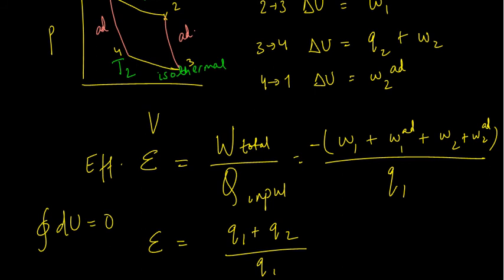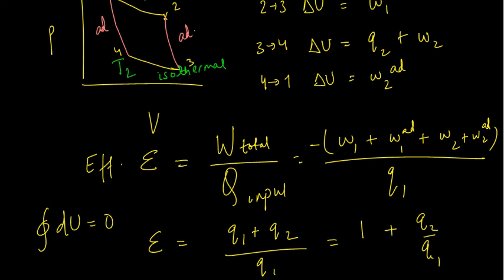And because of that, if I just write this equation like 1 plus Q2 by Q1, since Q2 is a negative quantity, the efficiency would always be less than 1, or less than 100%. Right? And the second law clearly says that Q2 can't be 0.